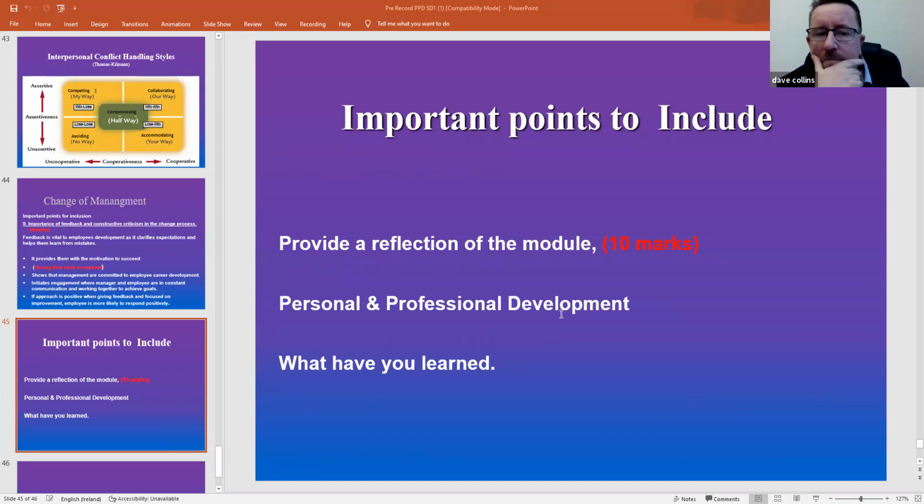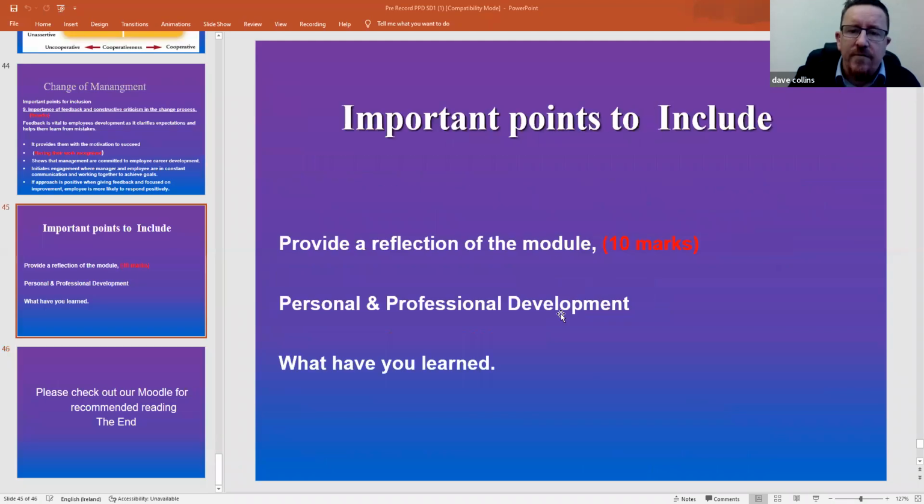So here you have, I suppose, the end of it. Important points to include: provide a reflection on the module, personal and professional development, what you have learned. What have you learned about yourself?